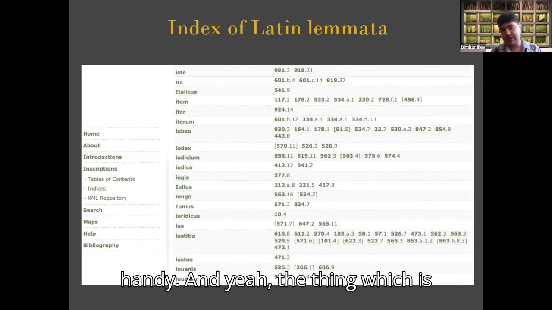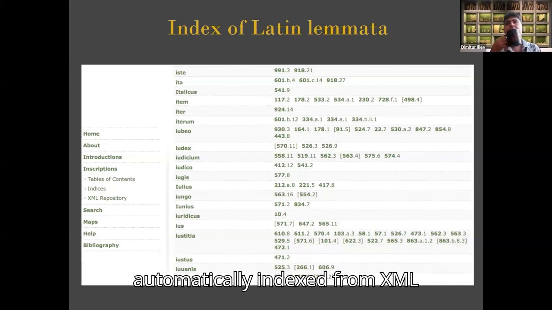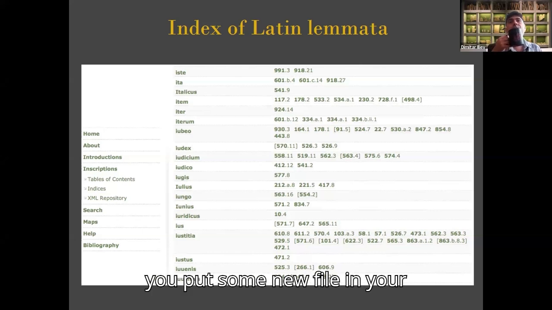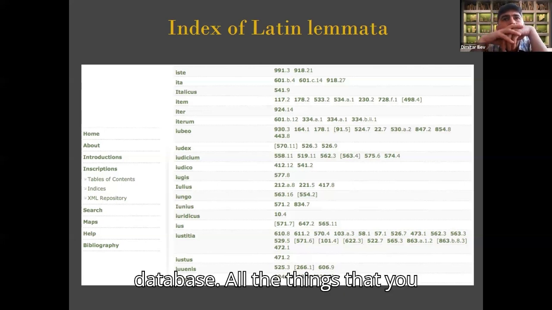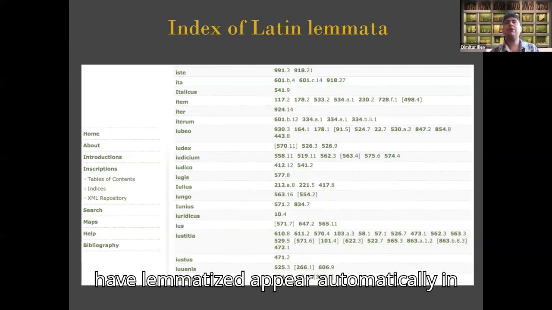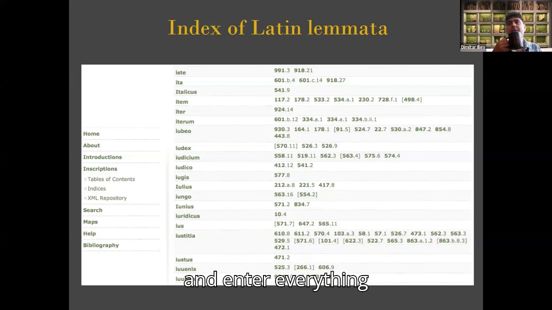And the thing which is most handy with all the features that are automatically indexed from XML content is that whenever you put some new file in your database with some new words, and you index this file to become a part of your database, all the things that you have lemmatized appear automatically in the word index, and you don't need to go and enter everything as new information by hand.